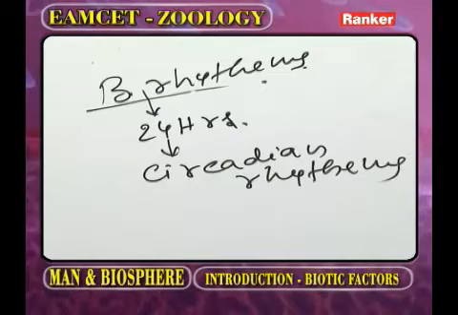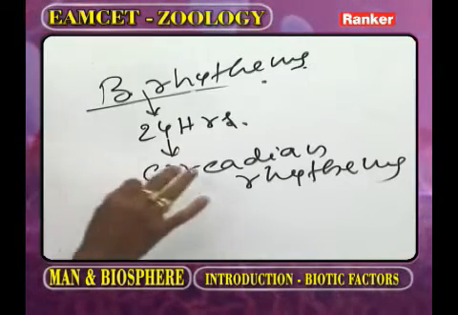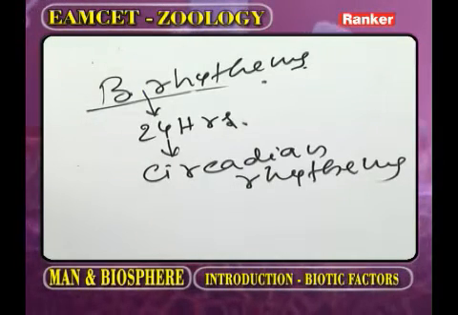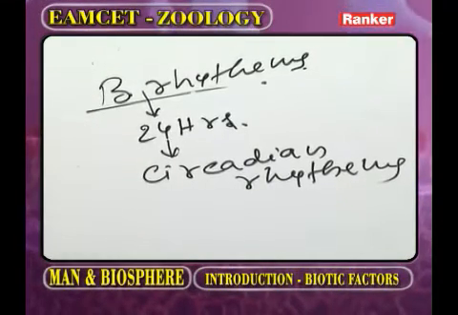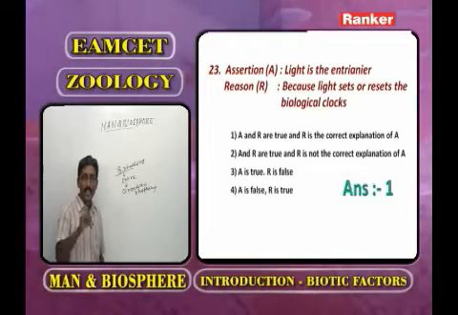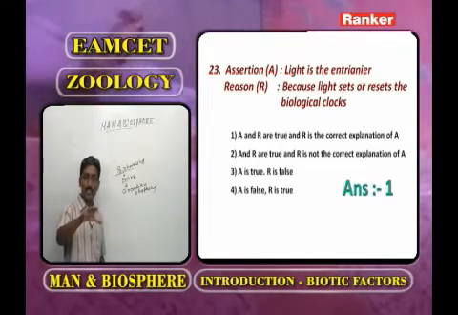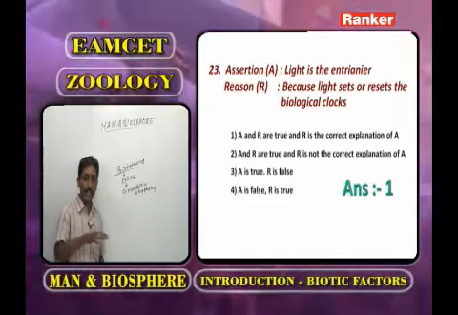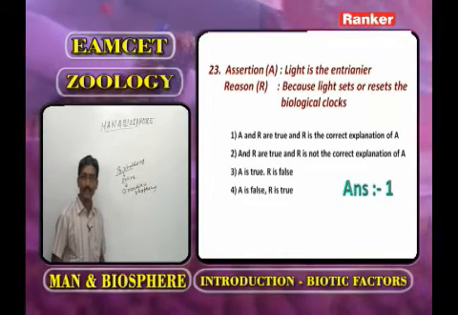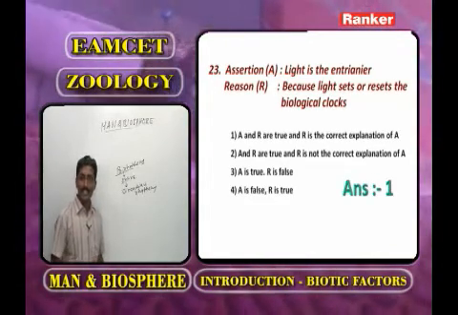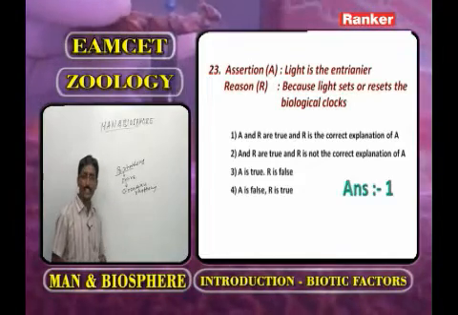What is the best example for the circadian rhythm? Already we discussed the life cycle of Eunice. Every year in October and November, in the last quarter of the full moon day, it releases more and more number of eggs. And what is the second example?